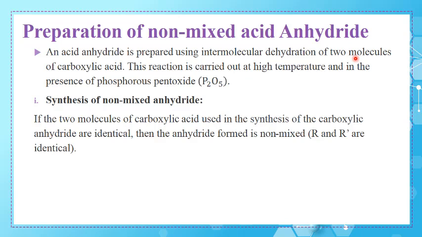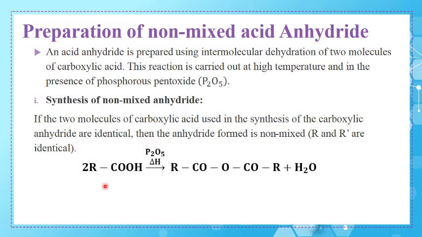Look, as I said, here we are preparing a non-mixed acid anhydride, so the two molecules of carboxylic acid have to be identical. So simply, we have to use two molecules of an identical carboxylic acid in the presence of P2O5, which is, as we said, a dehydrating agent.